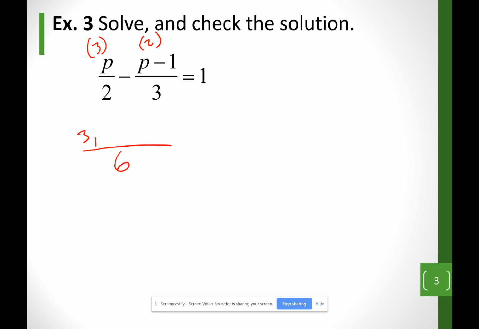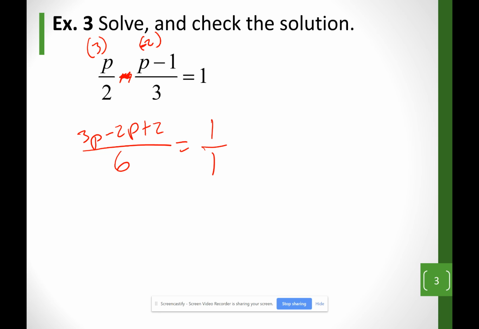So I have 3p. Now, this negative, let me put it with the 2, because I have to do something with that minus sign. So negative 2 times p gives me negative 2p. Negative 2 times 1 gives me a positive 2. And this is all equal to 1. I want it as a fraction, as a matter of fact, so I'm going to do 1 over 1.